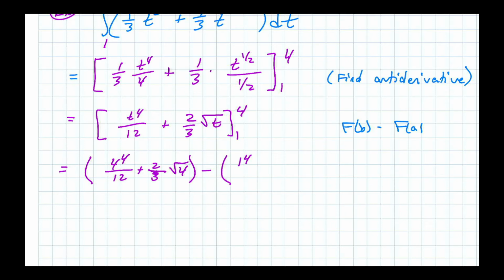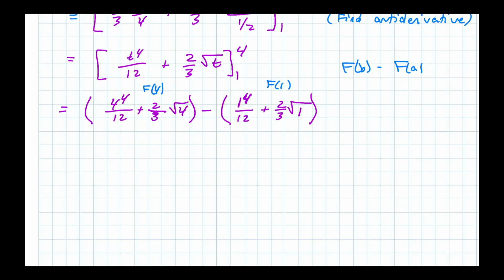So 1 to the 4 over 12, plus 2/3 square root 1. This was f of 4 right here, and this is f of 1. That's what's going on. So then you work this out.